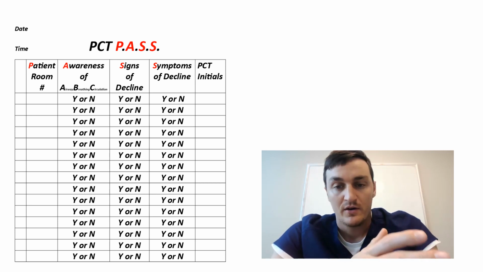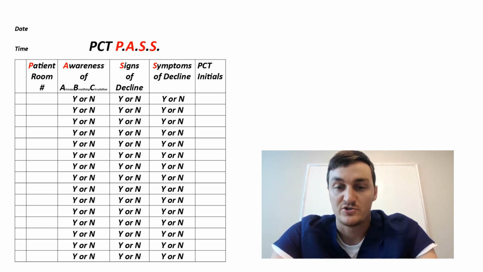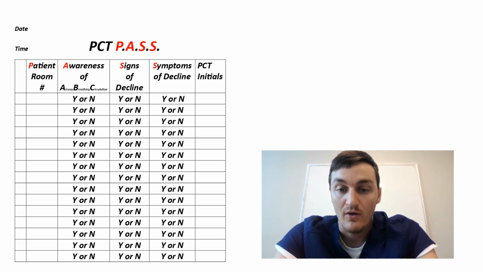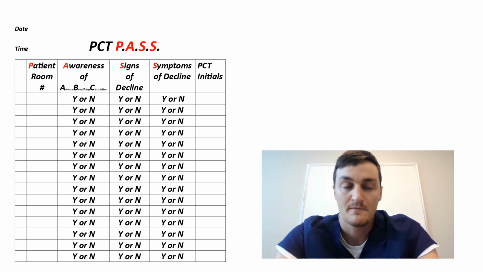So knowing your patient, knowing where they're at, knowing why they're there, making sure that you're aware that they have their ABCs, and then finding and collecting signs or symptoms is going to help make sure your patient is your top priority and that their health is not being overlooked in a positive or negative way.